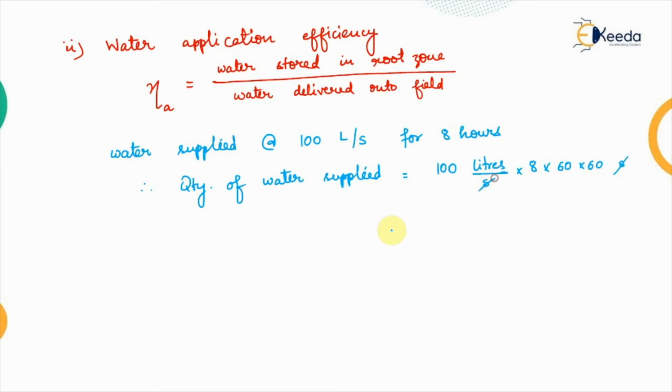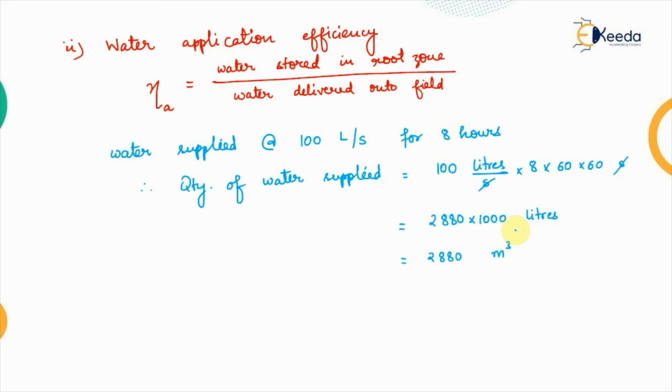So the second unit will be cancelled out, and if we calculate this value, that will come out to be 2880 into 1000, that is in liters. Now to convert this value into the standard unit, that is cubic meter, this value will be 2880 cubic meter.